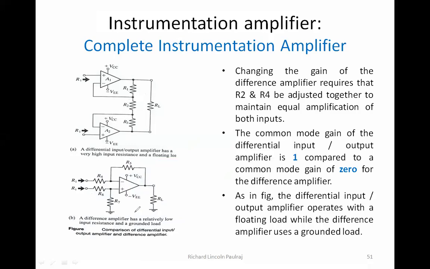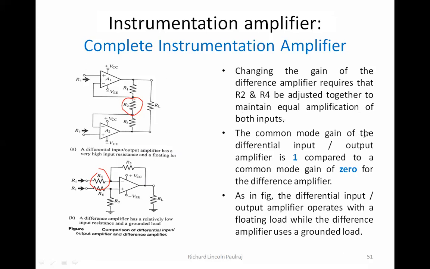But here for this difference amplifier, it is dependent on both R4 and R2, because it's a combination. This becomes the first stage and this becomes the second stage, right? To maintain equal amplification of both inputs.